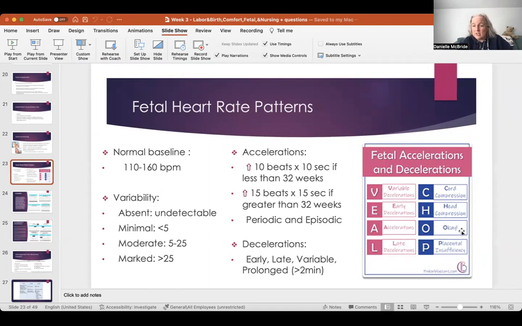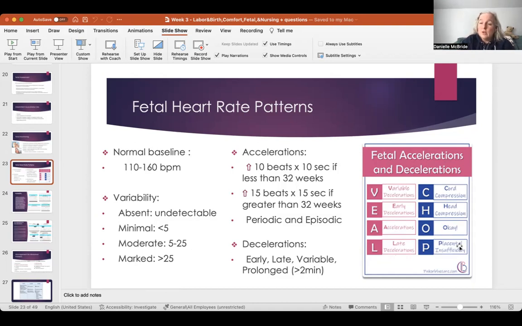Our baby's well oxygenated if we're having accelerations, and those need to be 15 beats by 15 seconds of an increase. And then our late decelerations are late. So the onset happens after the contraction has started. It does not resolve until after the contraction has ended, and this is a placental insufficiency. All right. So if we do VEAL CHOP, we write the word VEAL, we write the word CHOP, and we look straight across. So here's VEAL, here's CHOP, we look straight across.